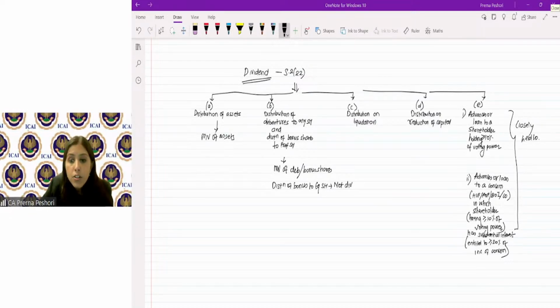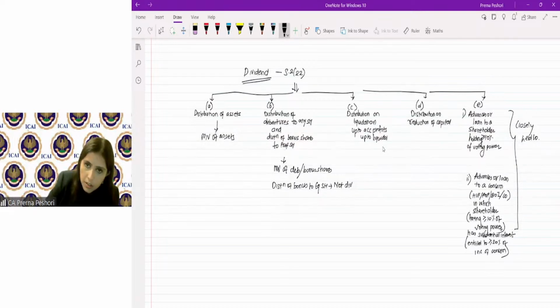Distribution on the liquidation, again to the extent of the accumulated profits before the date of liquidation. So here you have to consider the accumulated profit up to the liquidation date. After liquidation, it will be the repayment of capital.